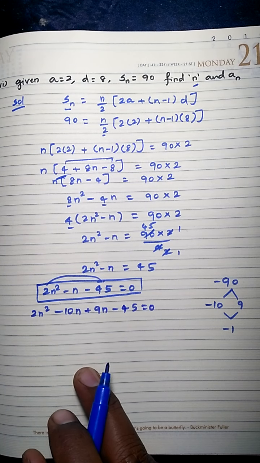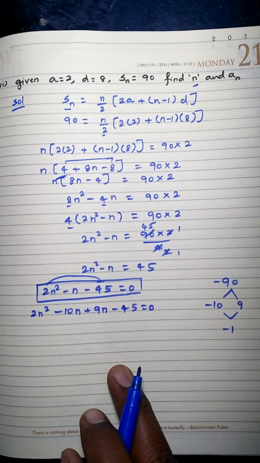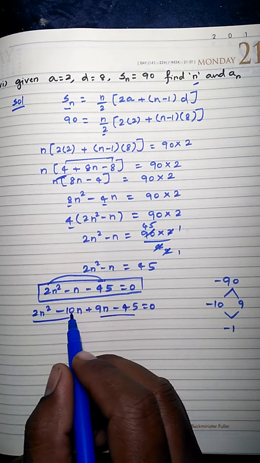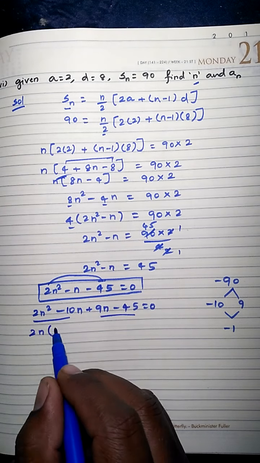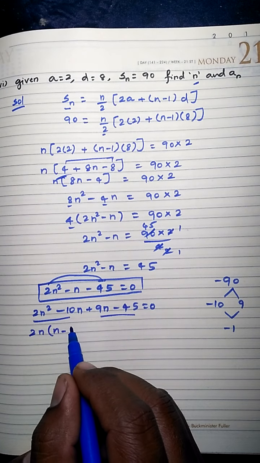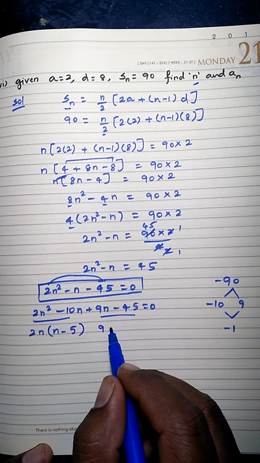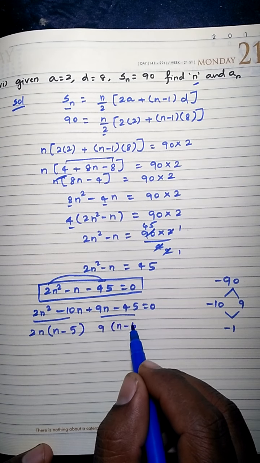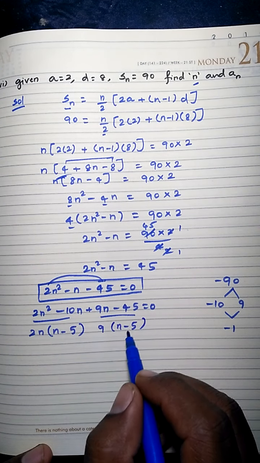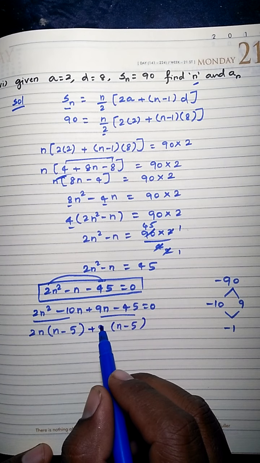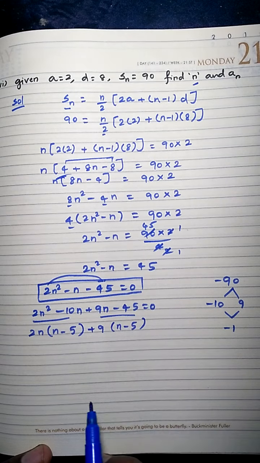This splitting the middle term we learn in the quadratic equation chapter. If any doubt, please go through that chapter. So let's take here 2n common outside, n minus 5, and here you can take 9 common outside, then n minus 5, because 9 5s are 45. Okay, just multiply 9 into n, 9 5s are 45, correct.